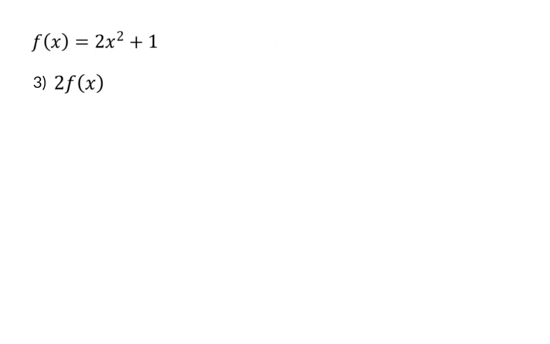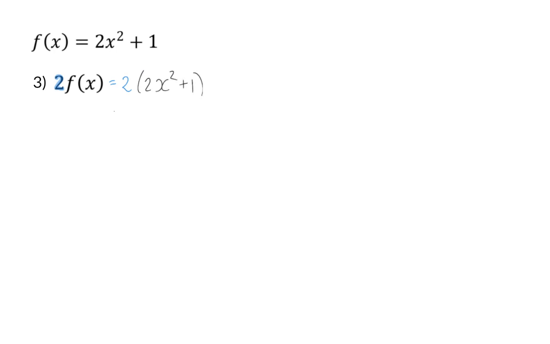In question 3, we are not asked to determine an x or a y value, but here it's all about the transformation that the function undergoes when a 2 is multiplied to the front. This 2 will then also have to be multiplied with the whole function on the right-hand side of the equation.